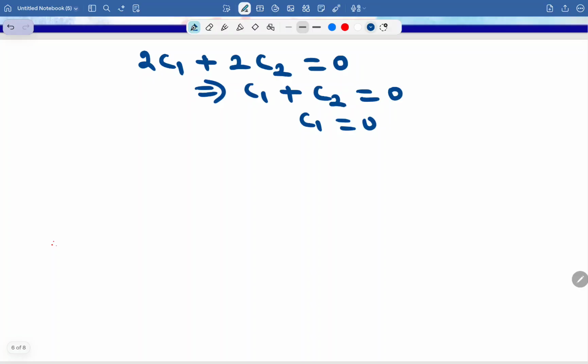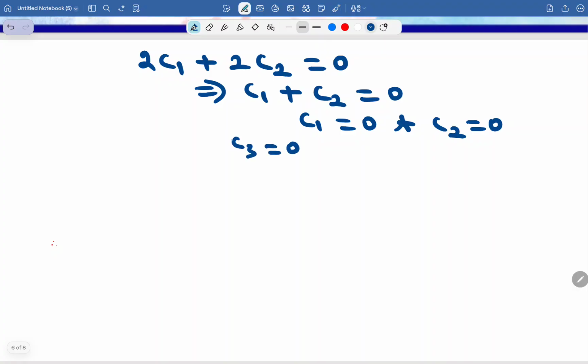It is possible only if C1 is 0 and C2 is 0. C1 0, C2 0 means, what will happen to C3?